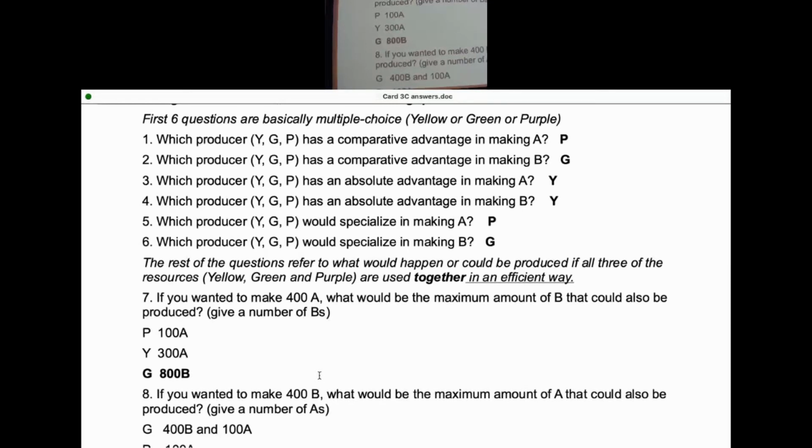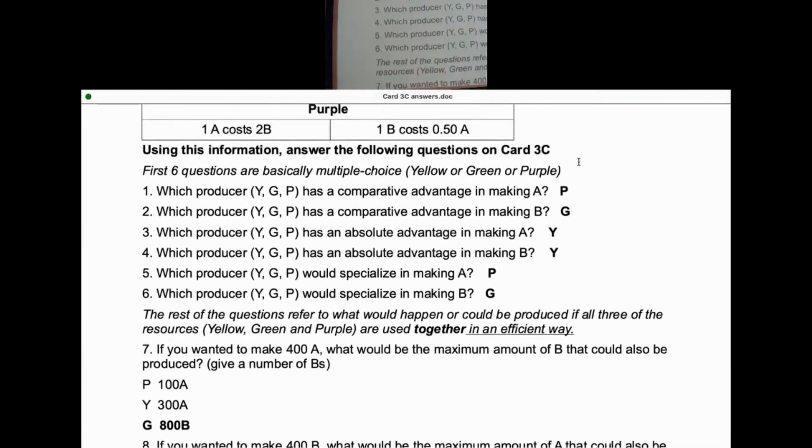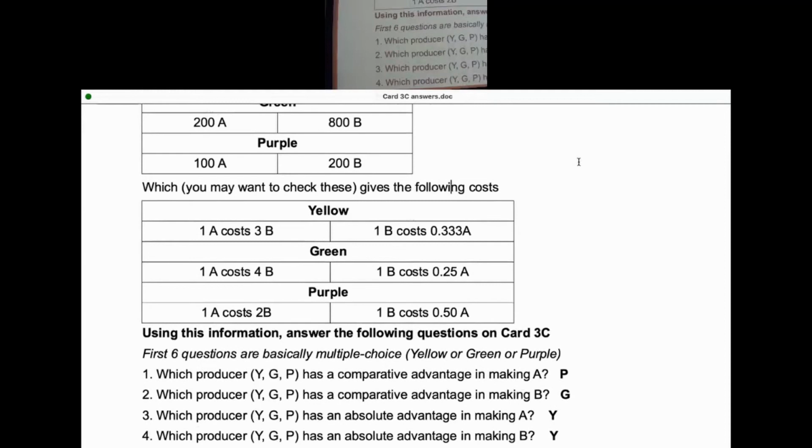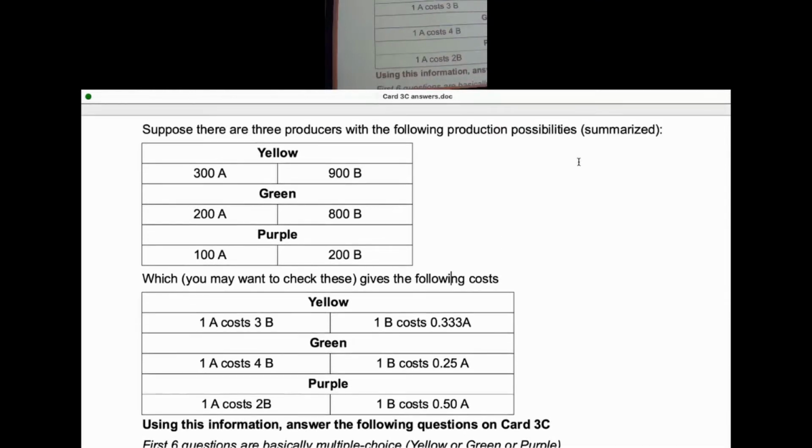Now, if you want to make 400 B, this is kind of flipping the question around. What is the maximum amount of A that you can make? Well, remember, if you want B made, you first have green make it, right? They're the specialists, if you will, in making B. They have the lowest cost of making B. So if you want 400 and you're going to have green make it, well, green can make 800.